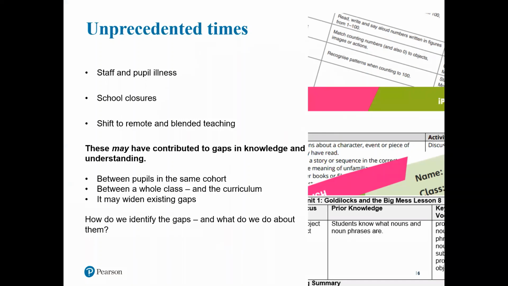Staff and pupil illness, school closures, and a shift to remote and blended teaching and learning have all disrupted our normal ways of educating and of tracking just where pupils are. They might have contributed to gaps in knowledge and understanding between pupils in the same cohort, between a whole class and the curriculum, where they're expected to be, and they might have widened existing gaps as well, especially for disadvantaged groups.